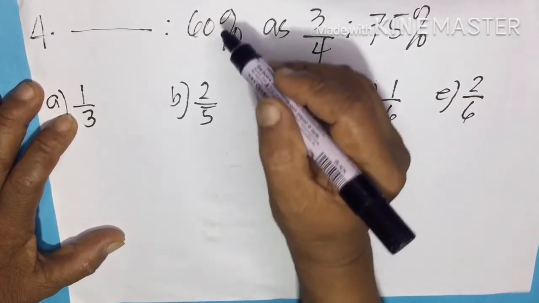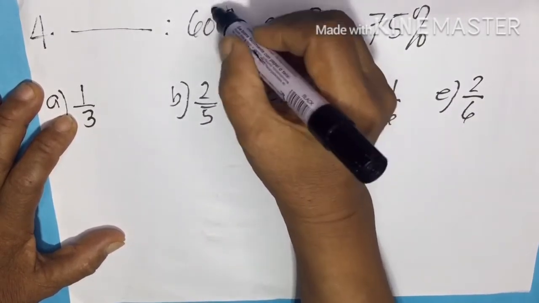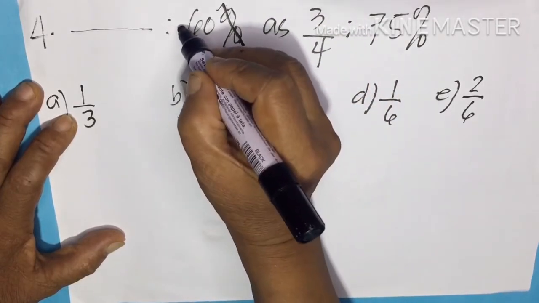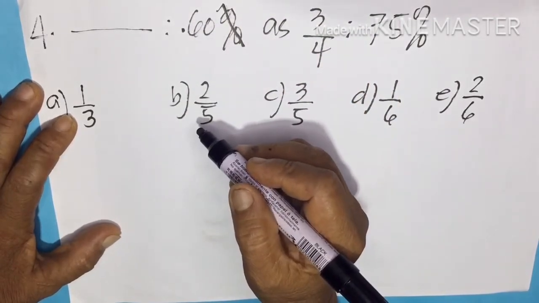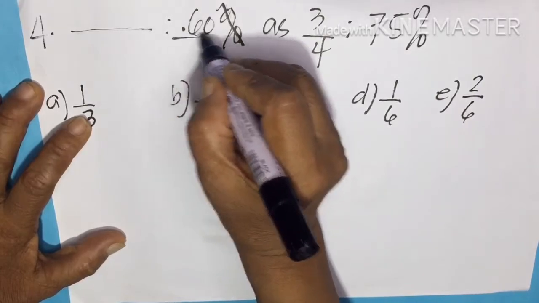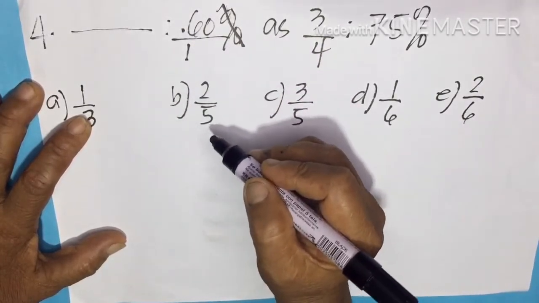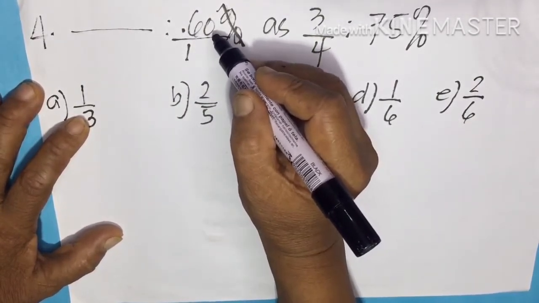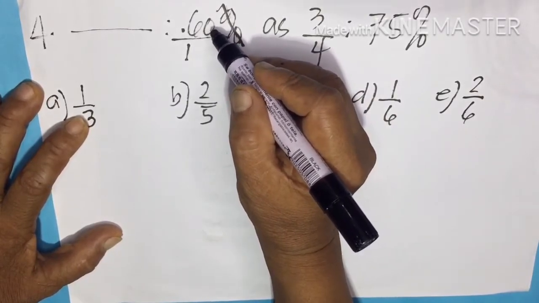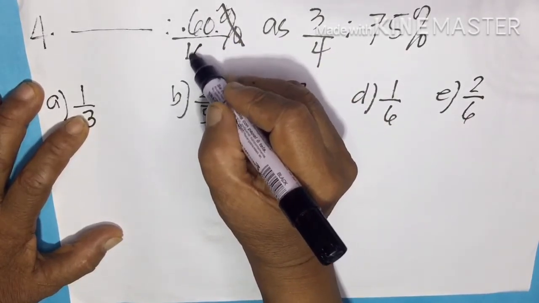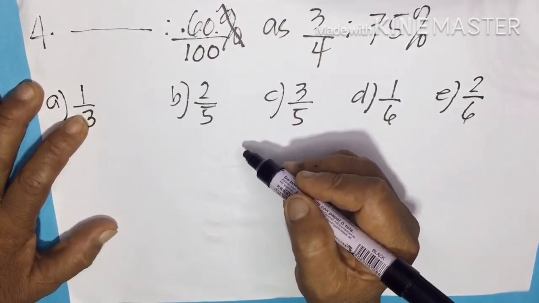60%, cancel the percent, move the decimal point twice to the left, and divide by 1. The constant is 1. Next, count the number of digits. This is 1, 2, so only 2 zeros.